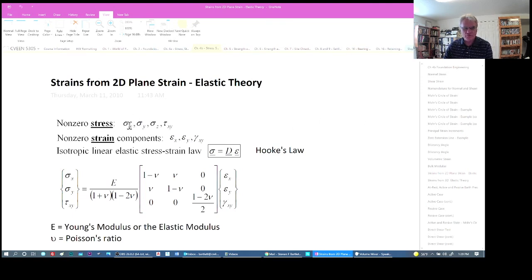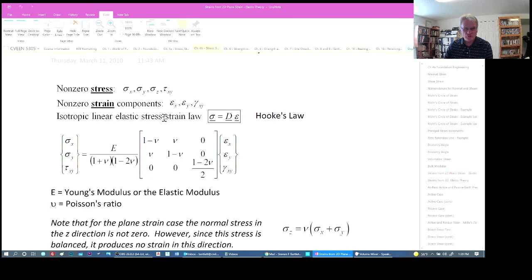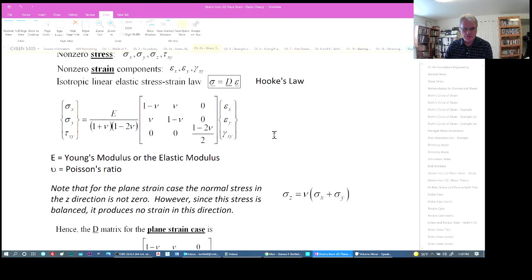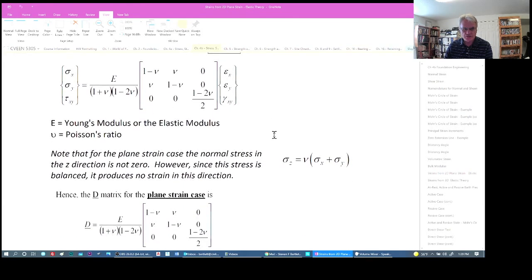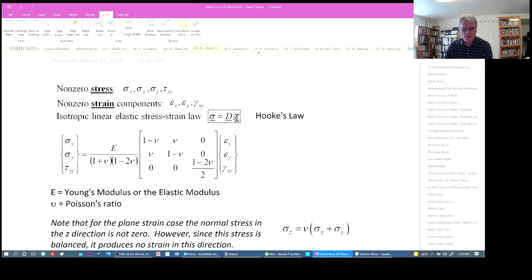If we have some normal stresses σx, σy, and σz, and some shear stress τxy, and we have some strain components εx, εy, and γxy, then we can express this in terms of Hooke's law, where the stresses are some modulus or D matrix times the strains.